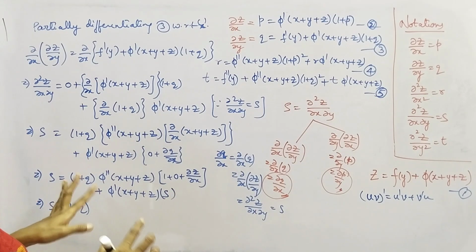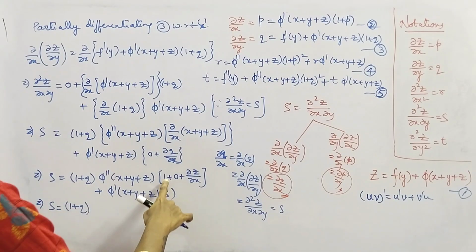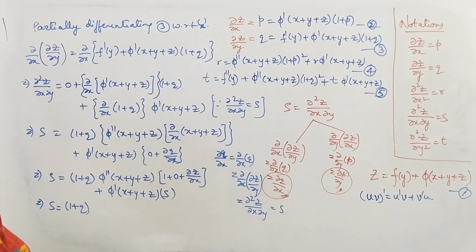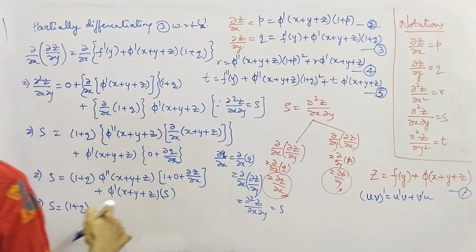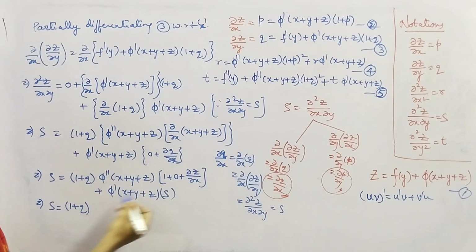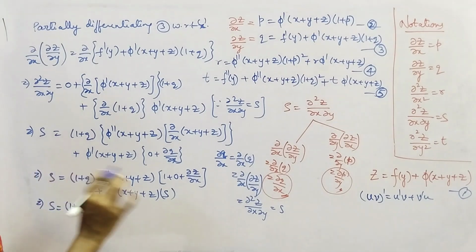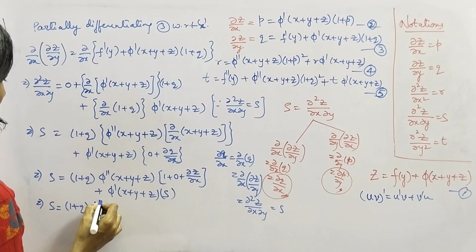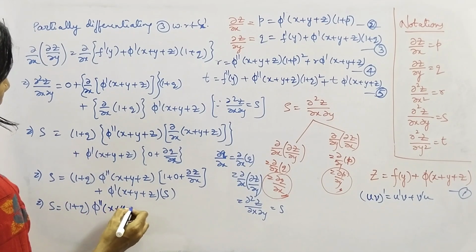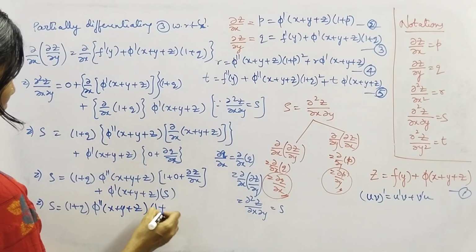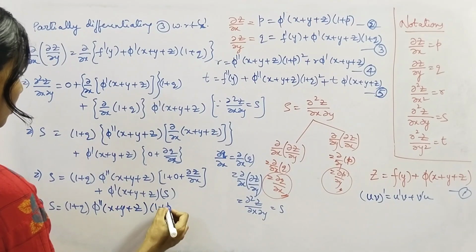So you can just write 1 plus q into 1 plus p into phi double dash directly, or you can add one more step. If you have patience, you can just do it.